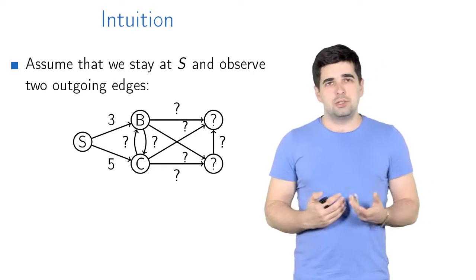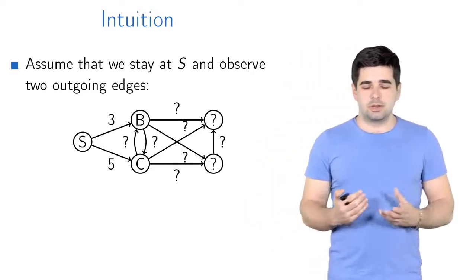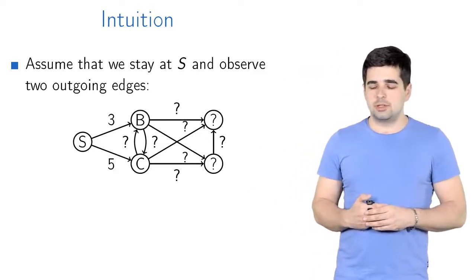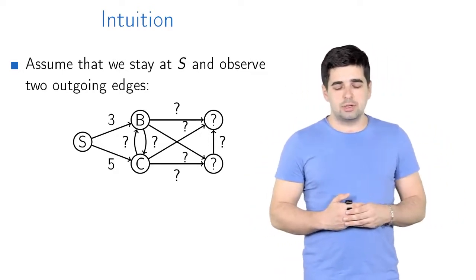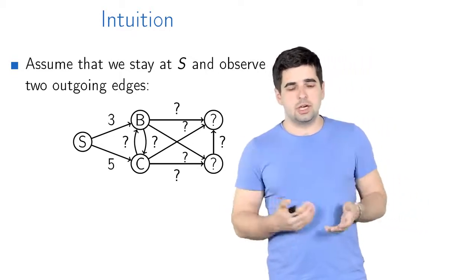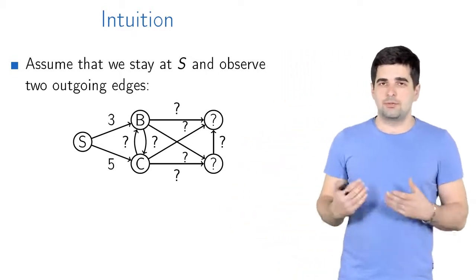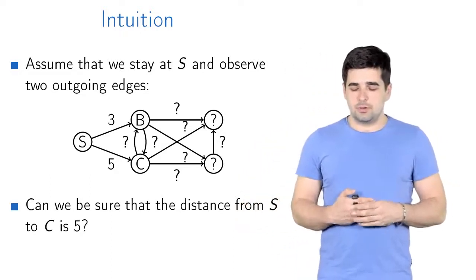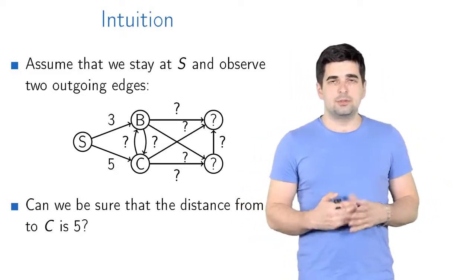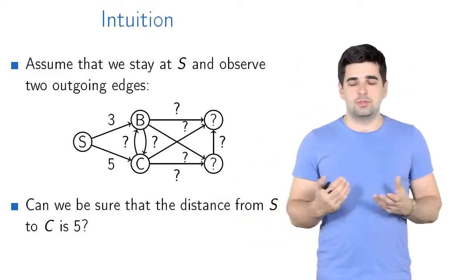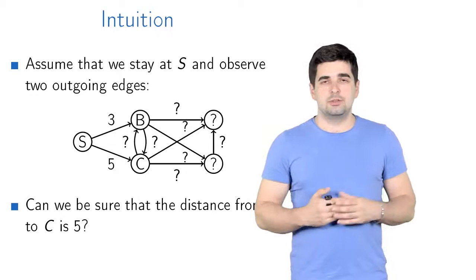Now let's gain some intuition about this problem. So let's look at this graph below and assume that we stay at origin node S, and we only know that the edge from S to B is going to take 3 hours, and from S to C is going to take 5 hours. So can we be sure that the distance from S to C is equal to 5, that it will take 5 hours for the optimal route from S to C?